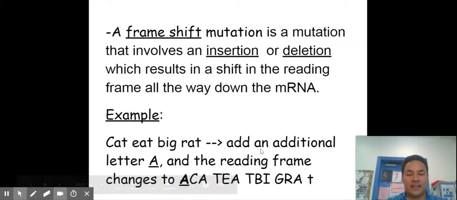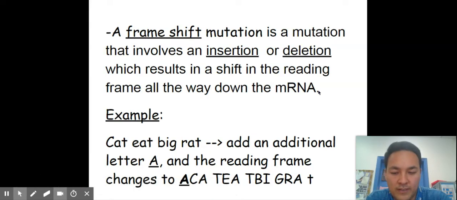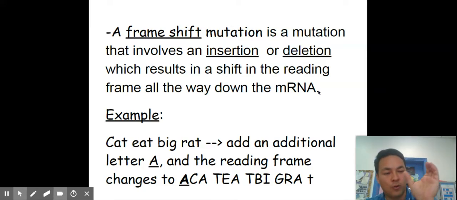So instead of cat ate big rat, here if we insert the letter A at the beginning, it changes the whole sentence to ACA, T, TB, GR. And it's really hard to figure out what that sentence was saying. So these are called a frame shift because it shifts the whole reading frame for the mRNA off.